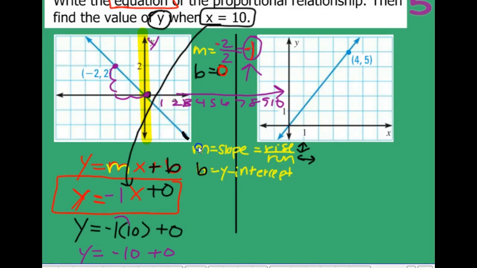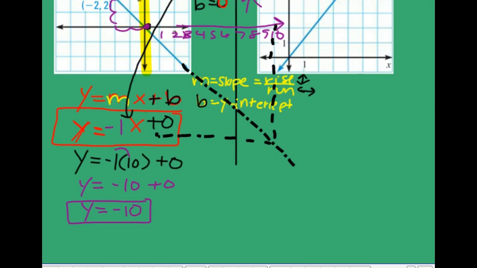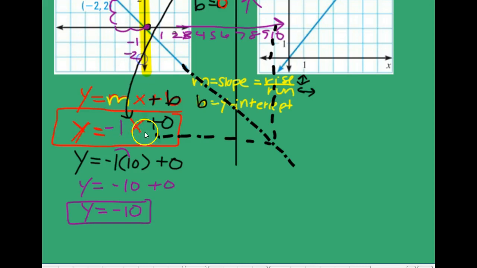This blue line, if that were to extend out as well, that's telling us that when x is 10 over here, we could follow that to our line, and y over here, I know this is a little bit crazy because there's lots of lines going on, y would be at -10. So this would be -1, -2, all the way down here at -10 is where our graph would match.